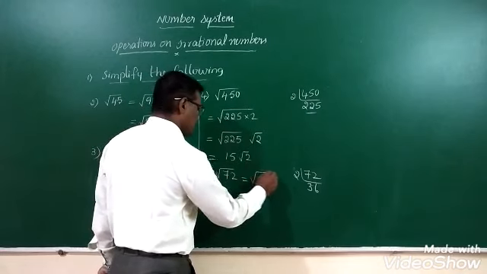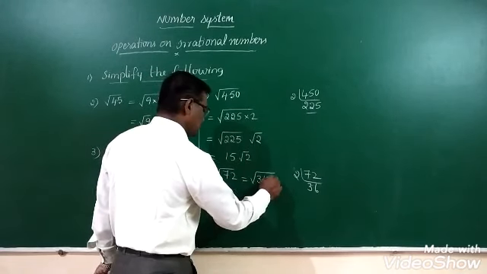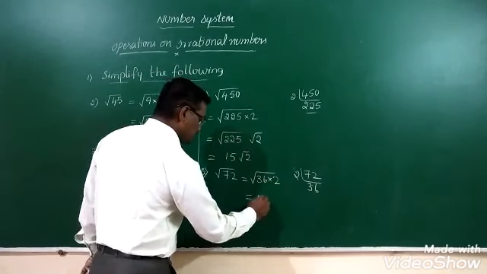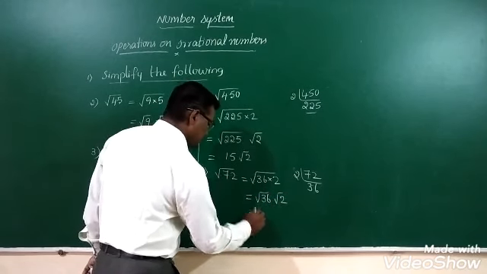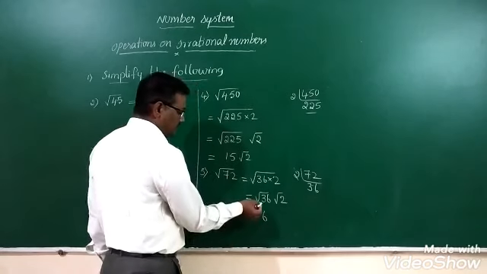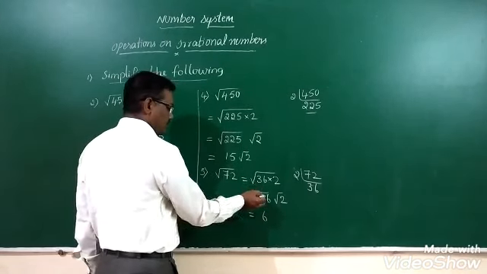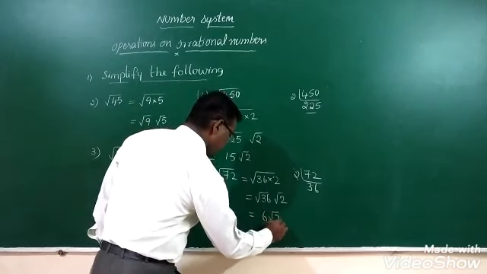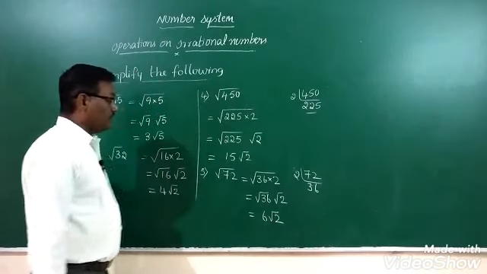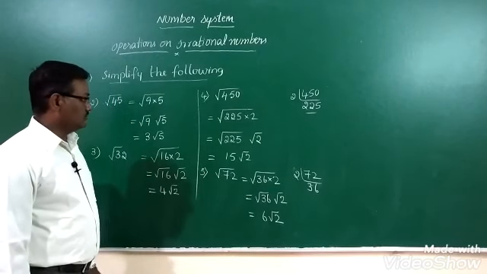Square root of 36 into 2 is equal to square root 36 into root 2, that is equal to 6, because 6 is the square root of 36. 6 root 2 is the simplified form of root 72.